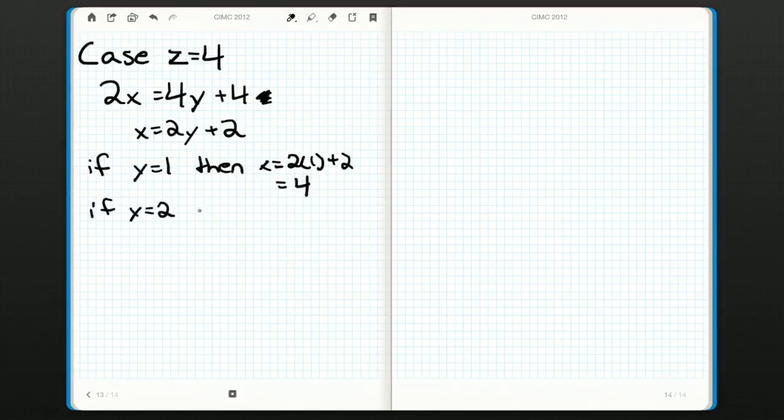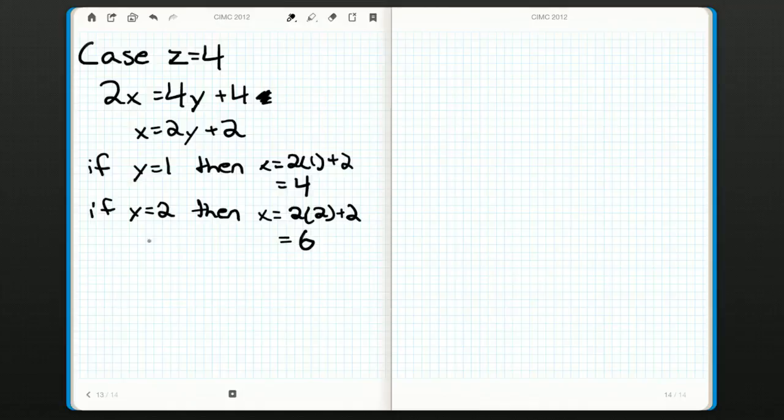Okay. How about if y is 2? Well, then x would have to be 6. But that's okay. X can be 6. X is allowed to be 6. Okay?